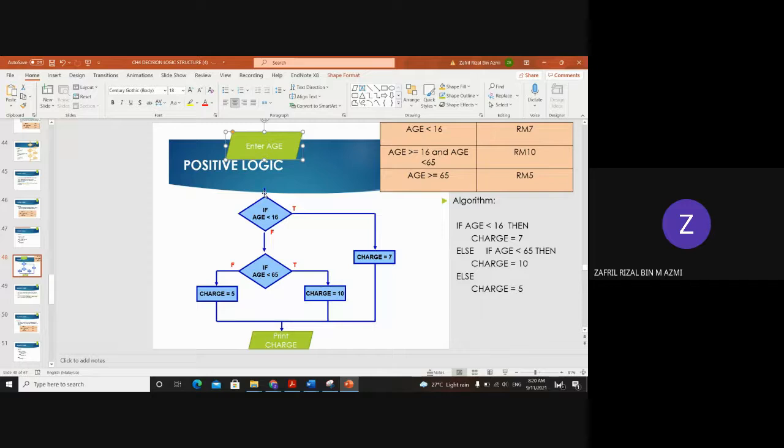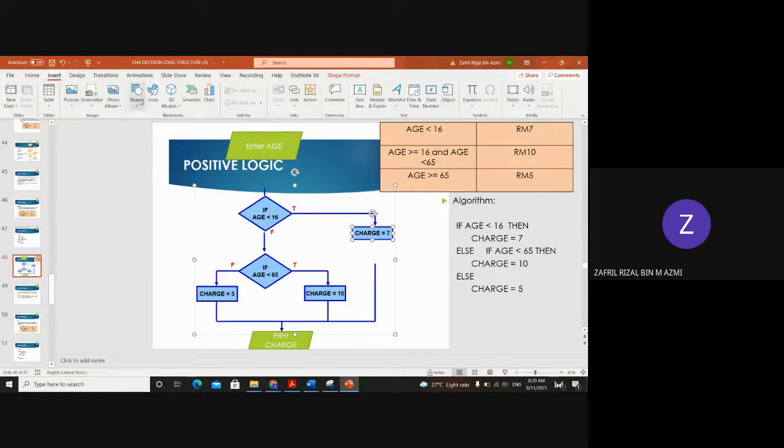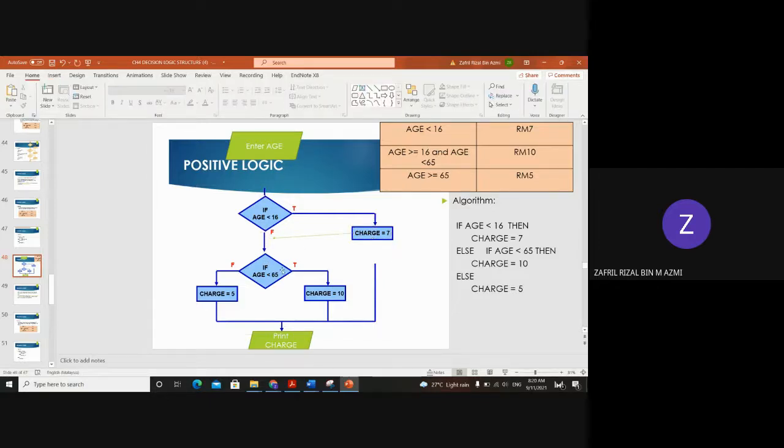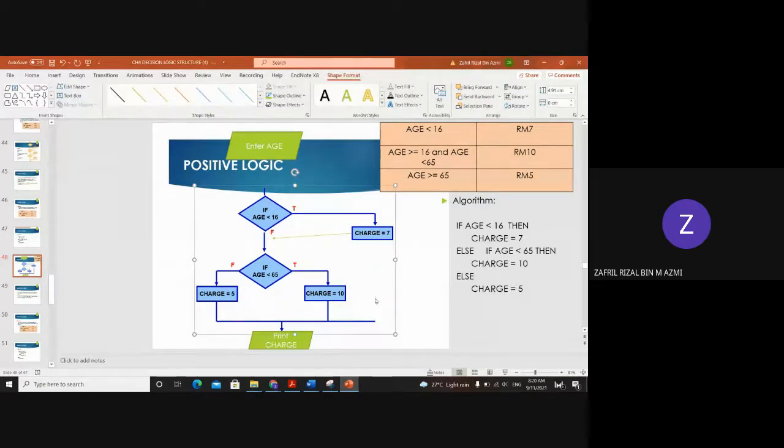So why is it checking all the conditions? Because of the design of straight through logic, which is like this. If this is correct, it will enter the next condition. If this is already correct, it's still going to enter the next condition.